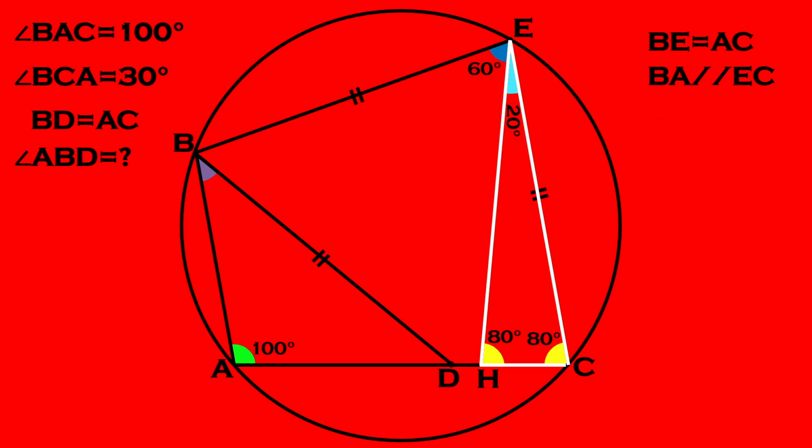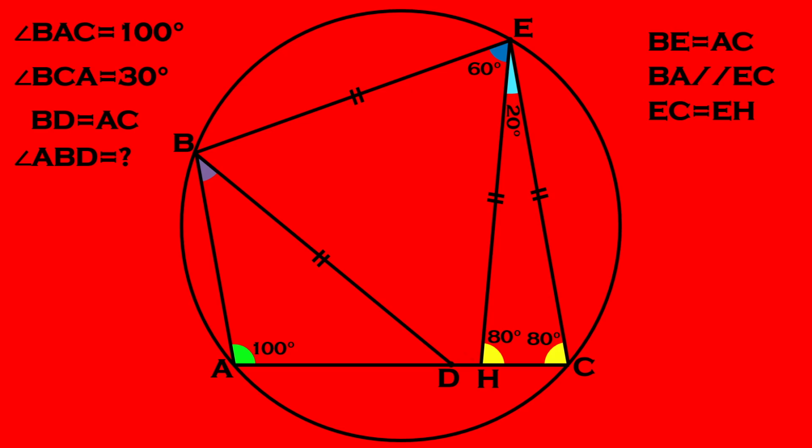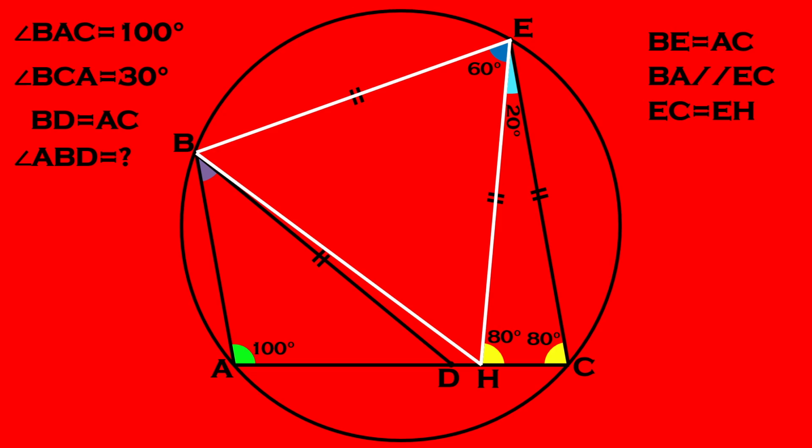So it's isosceles, and EH equals EC. We form BH, and in this isosceles triangle, the apex angle is 60 degrees. Therefore, it's equilateral, and so BH is equal to BD.